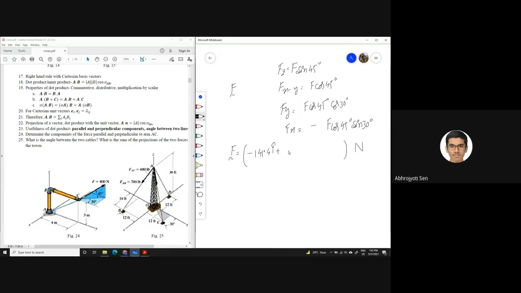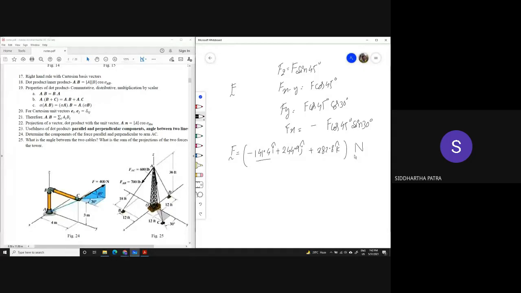Sir, positive 244.94 j cap, and positive 282.84 k cap. Yeah, 282.8 is simply twice of this one, right? Because sin 30 is half. So you have the expression for the force.